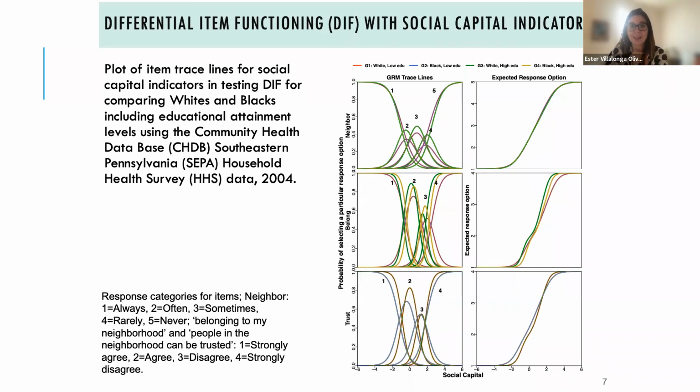So this means that this item shows uniform and non-uniform diff when considering education in all groups. And this is very problematic because rather than finding a consistent advantage of one group, we observe an interaction indicating that diff size may vary from one category to another within the same item.